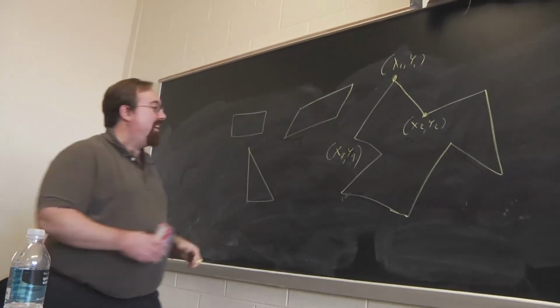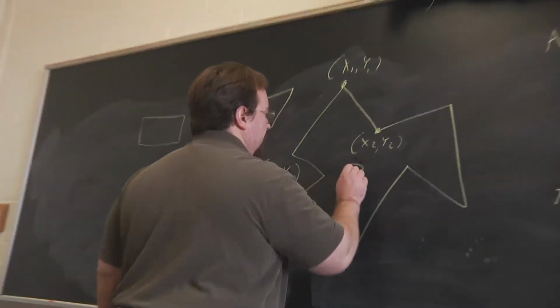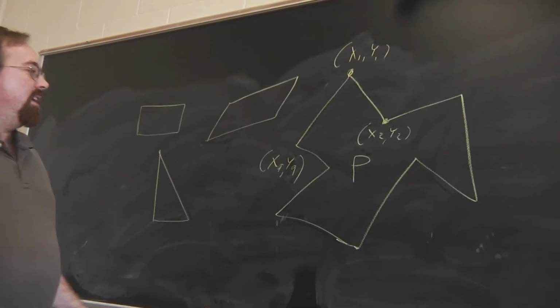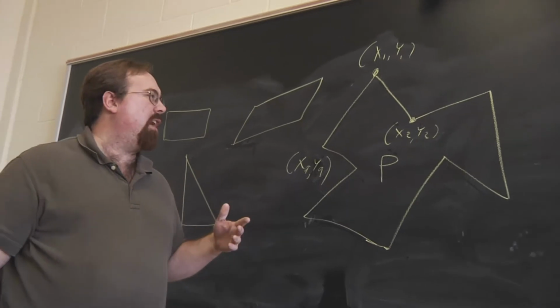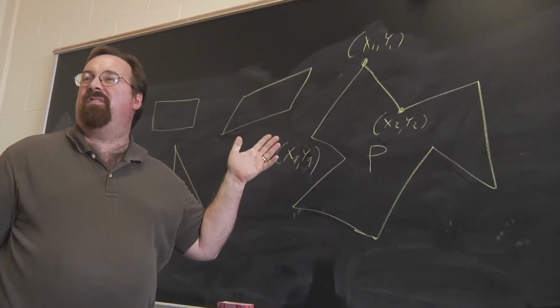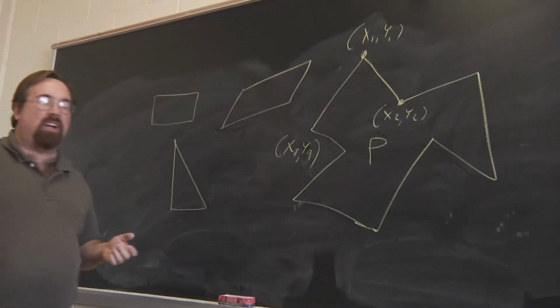All right. So let's suppose that we'll call the polygon P. Based on what you are familiar with, how would you go about computing the area of something like this? How could you even attempt it? You break it up into triangles.